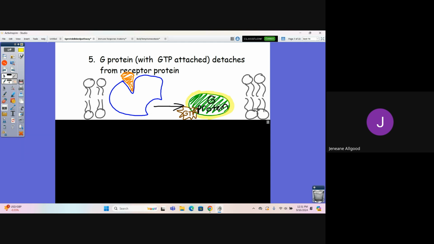To make a space for the G protein to bind so that it can become what? Activated, right? In its activated form. Exactly. So now that the G protein is activated and it's detached from that G protein linked receptor, do we still need that signaling hormone?